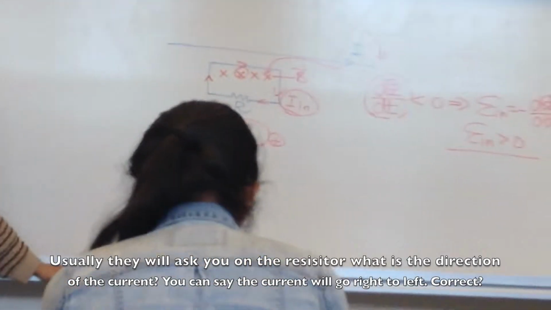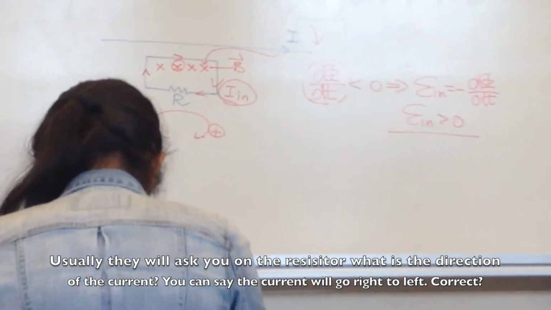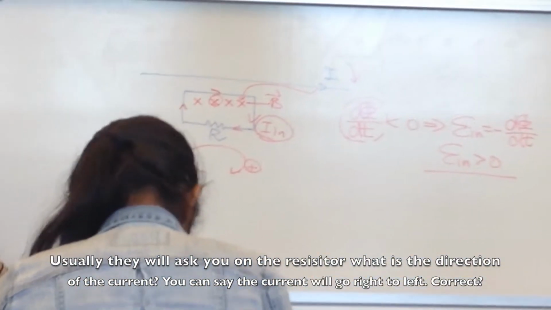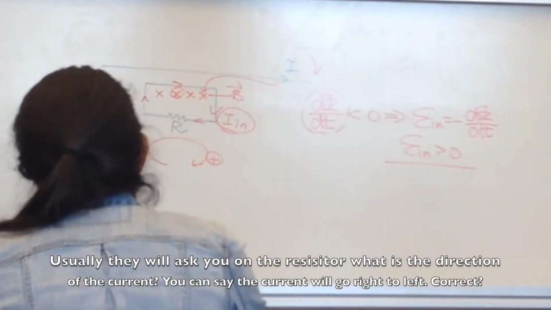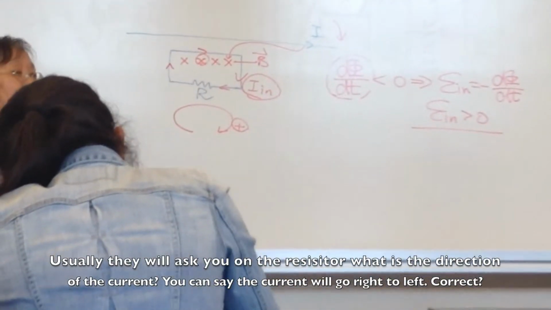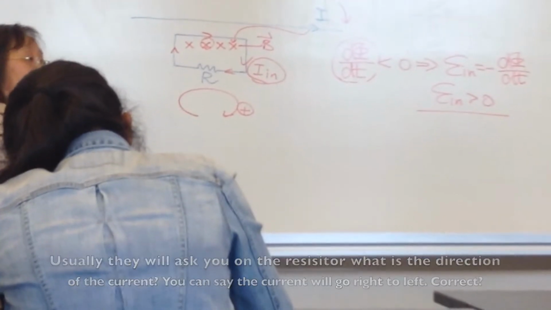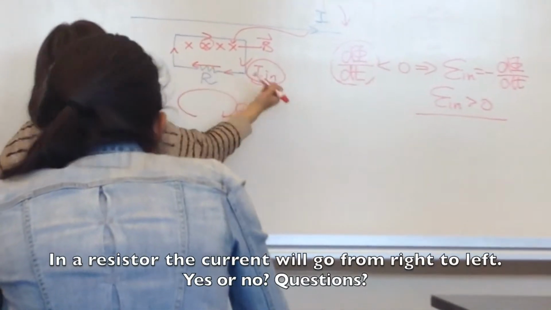Usually they will ask you, on the resistor, what is the direction of the current? You can say that in the resistor, the current will go from right to left. Correct? In the resistor, the current will go from right to left.